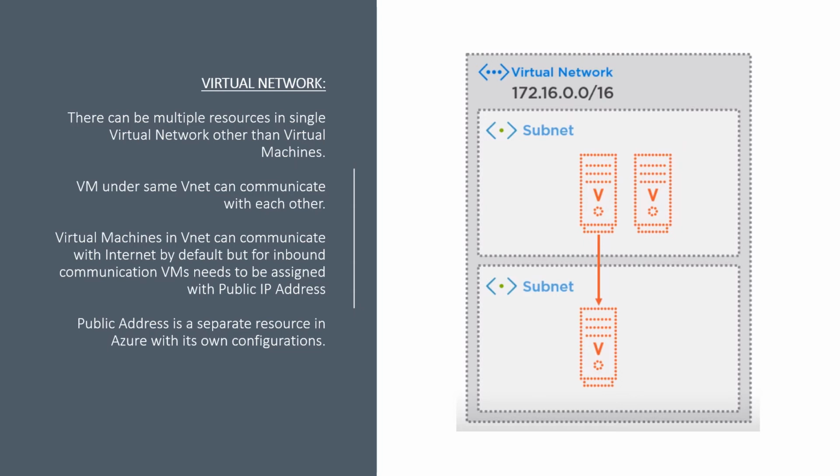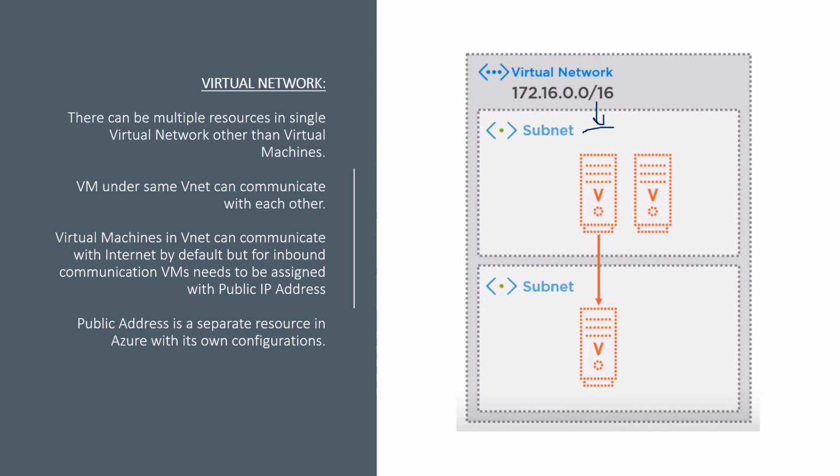Obviously, if we have this single virtual network and I have defined a subnet out of this major chunk, then these two machines can communicate. If we define a different subnet from the same scope of the major virtual network, then they can also communicate.